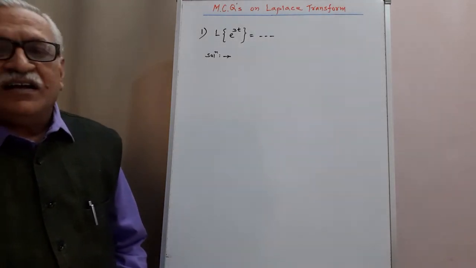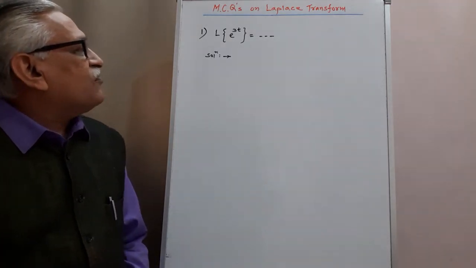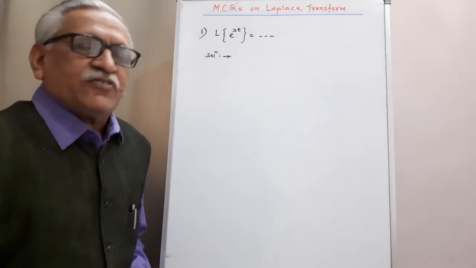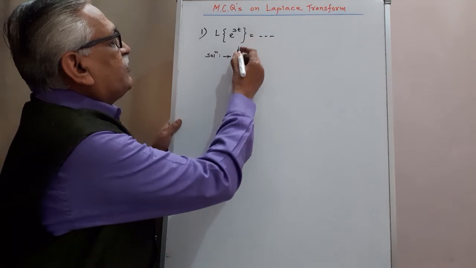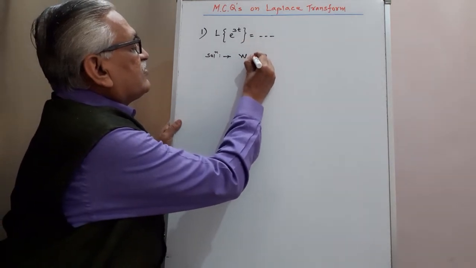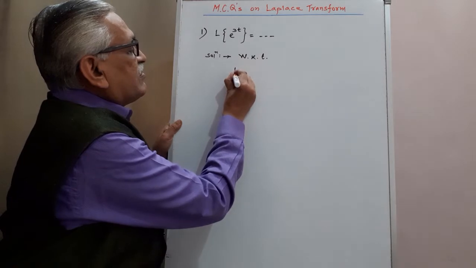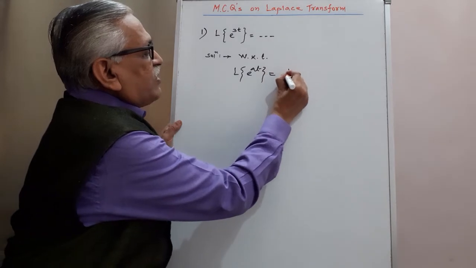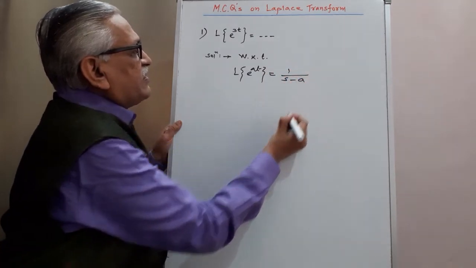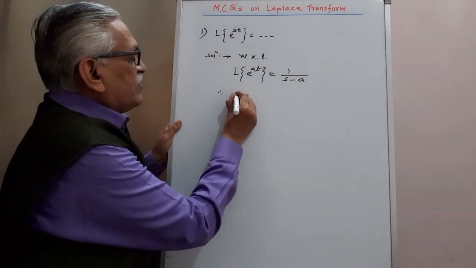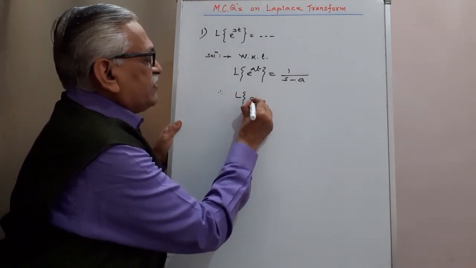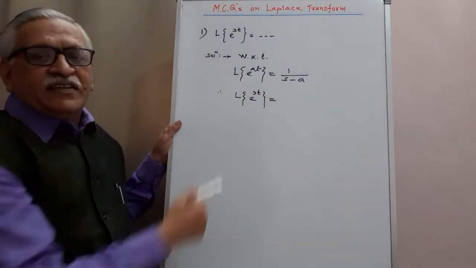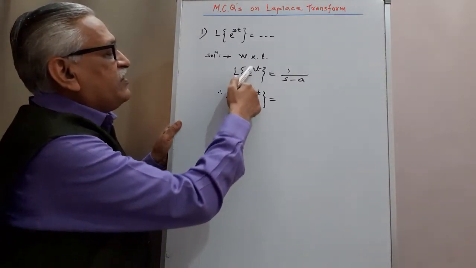Part 1. First question, Laplace of e raised to 3t is equal to. Out of the 4 options we have to select the correct option, and for that we know that the Laplace transform of e raised to at is 1 upon s minus a, and therefore the Laplace transform of e raised to 3t, comparing this with that standard result, here we have a equal to 3.